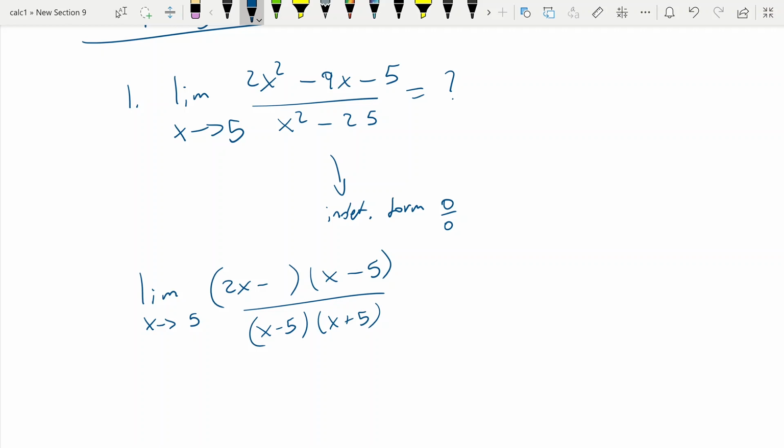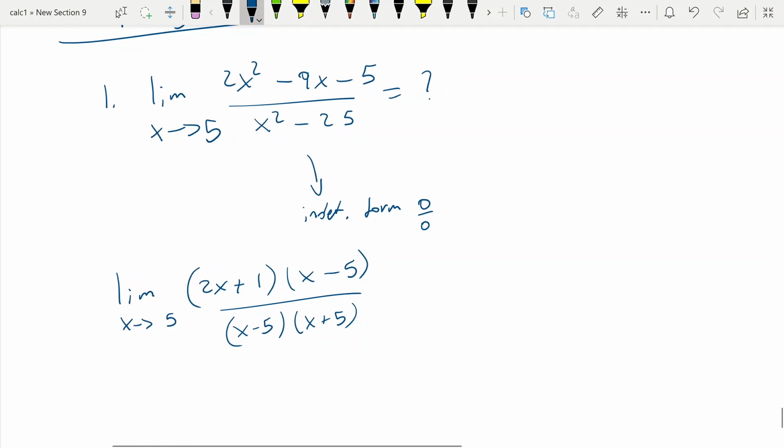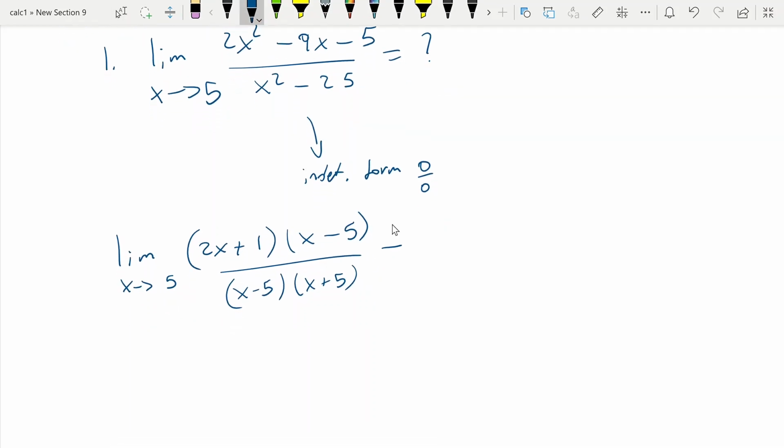So what do you think is the number here? It's 1, so 1 times x, so minus 5 times 2x gives you minus 10x, plus 1x gives you minus 9x, which is what we have here. And if we multiply 1 and minus 5, we get minus 5. So we've found a factorization of this expression.